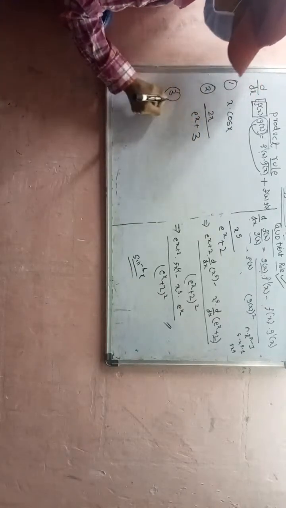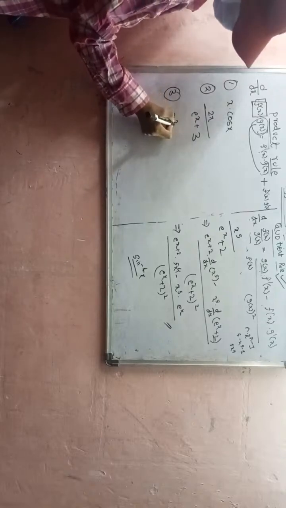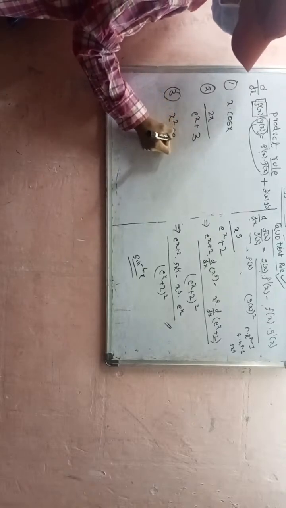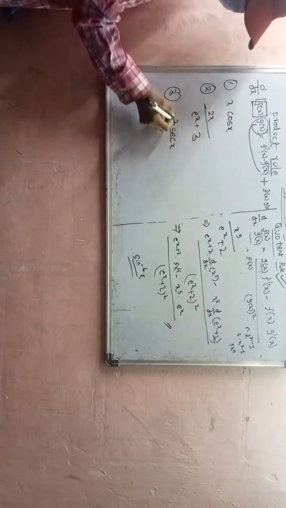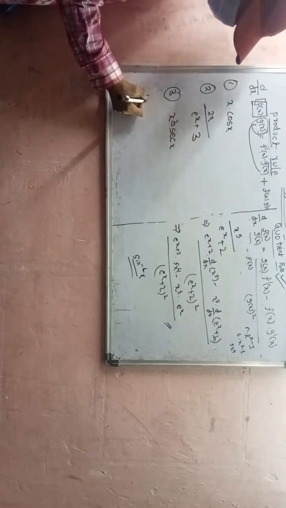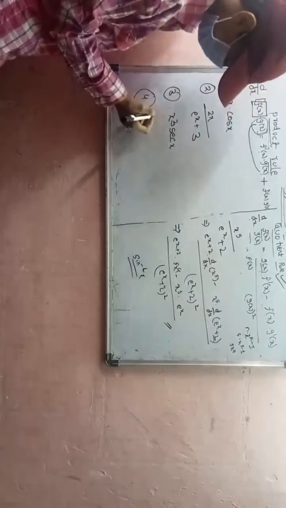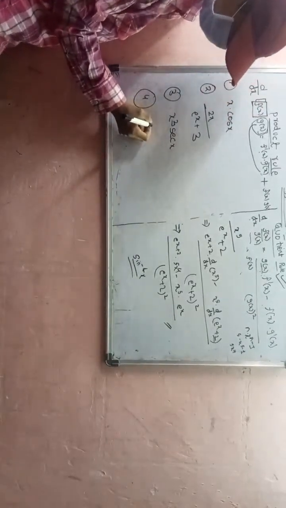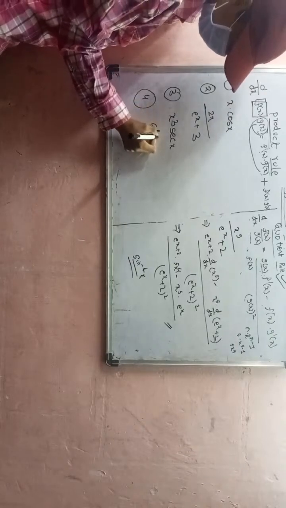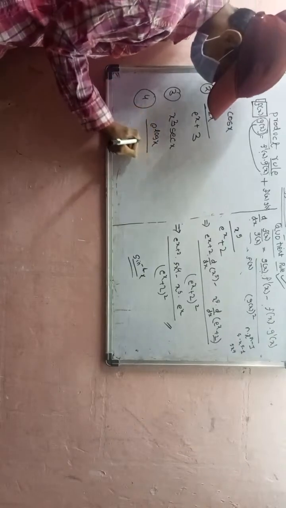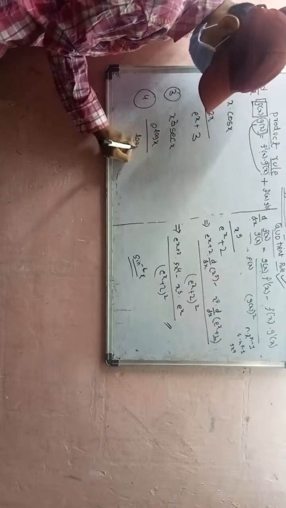Third one is x cube secant x. Fourth one is e power x log x by log x.